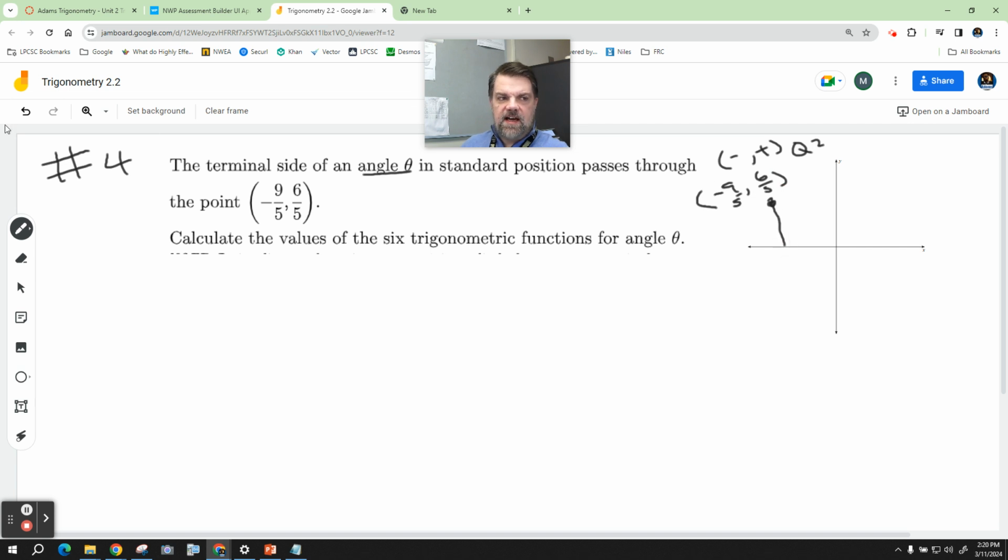So you're going to have a triangle, a perfectly drawn triangle, and we're going to have a reference angle here of theta. Now x is -9/5, because that's how far you go over to get to this x coordinate. And then this would be 6/5.